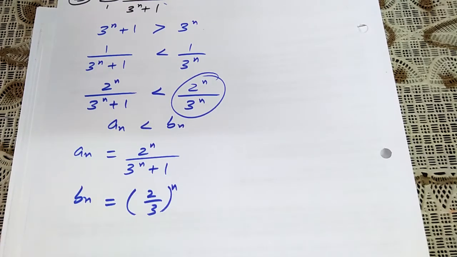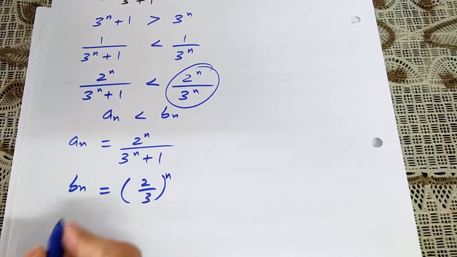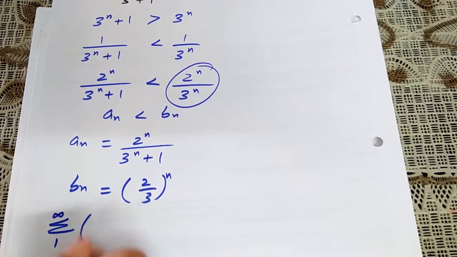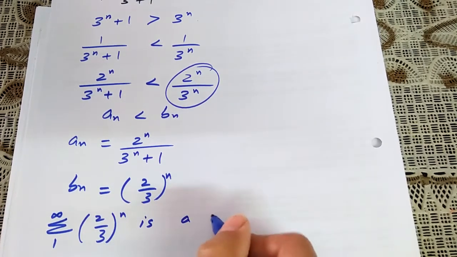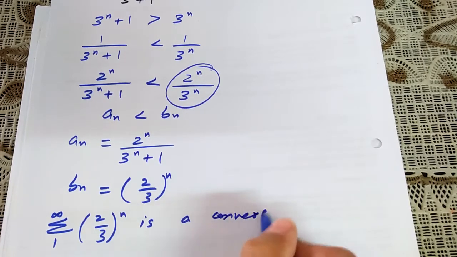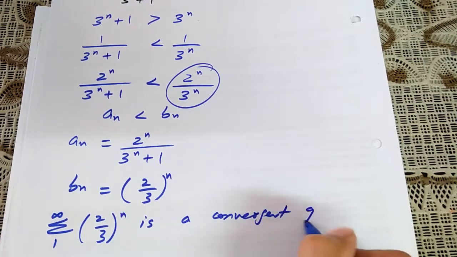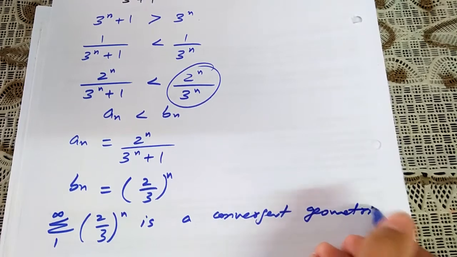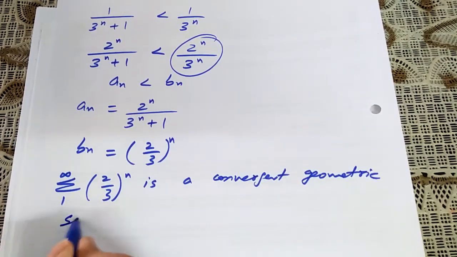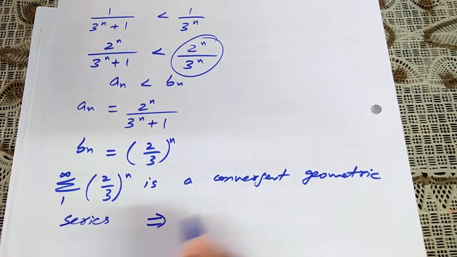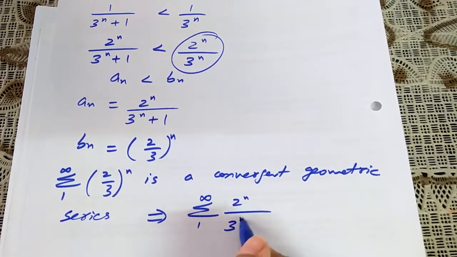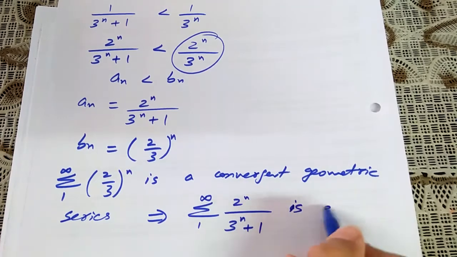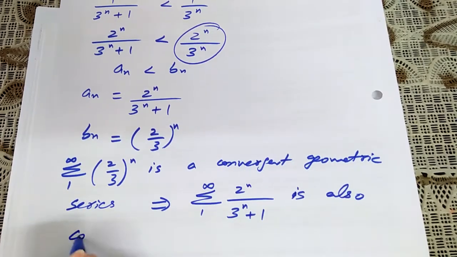Now you know that the summation from 1 to infinity of 2 over 3 raised to power n is a convergent geometric series. So this implies that the summation from 1 to infinity of 2 raised to power n over 3 raised to power n plus 1 is also convergent.